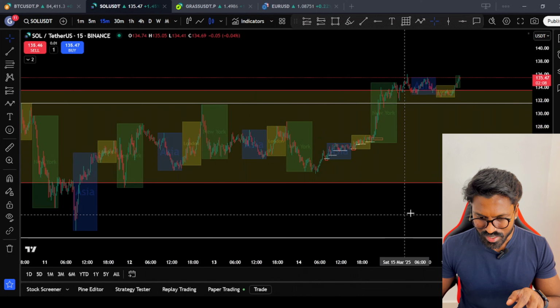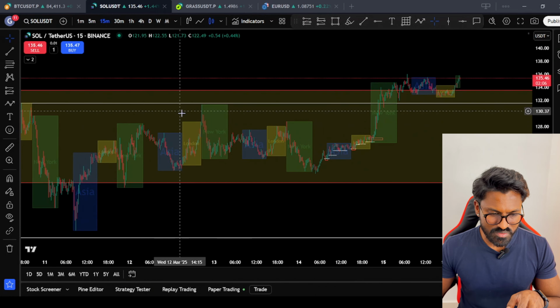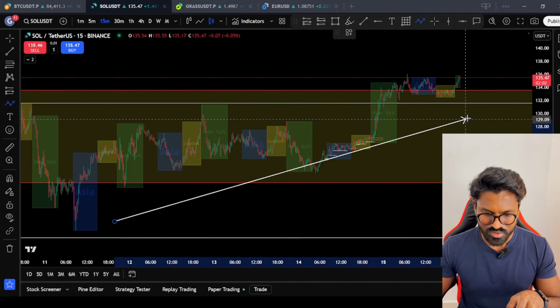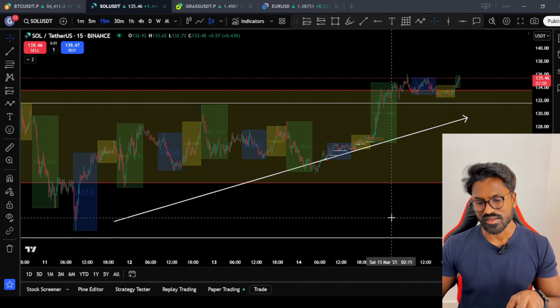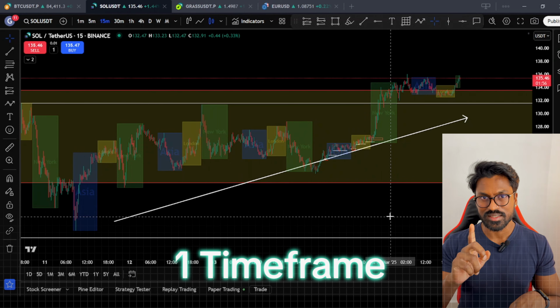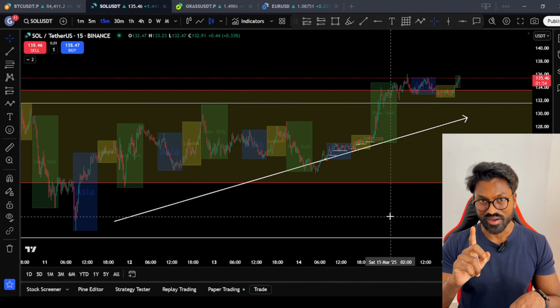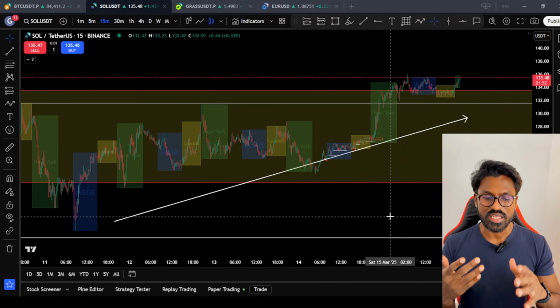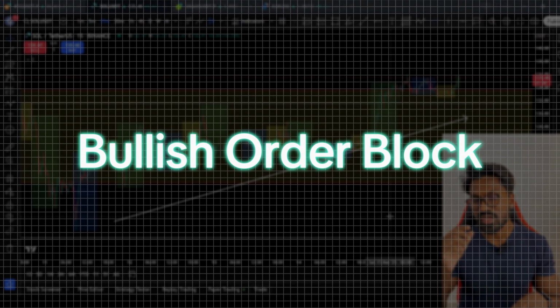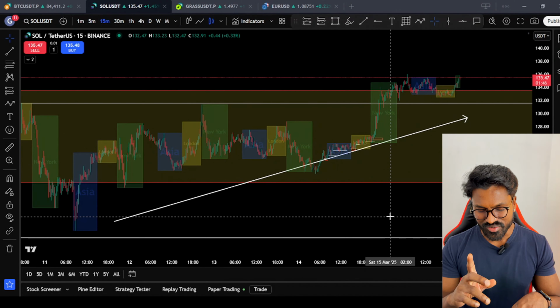All right, so we got it colored up. So see, whenever price came into this zone, we are starting to see an overall move towards the upside, solely based on adding one time frame, which is the daily time frame. We are able to understand price is currently in a bullish order block zone. Yes, you heard it right.